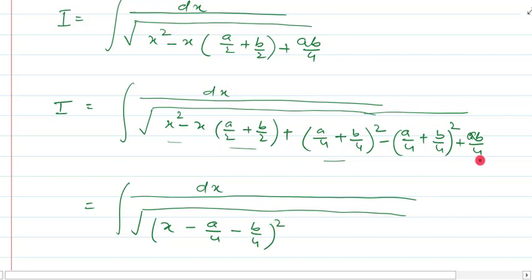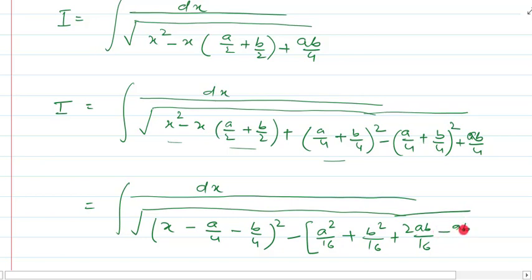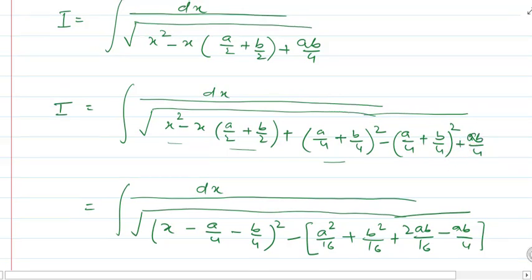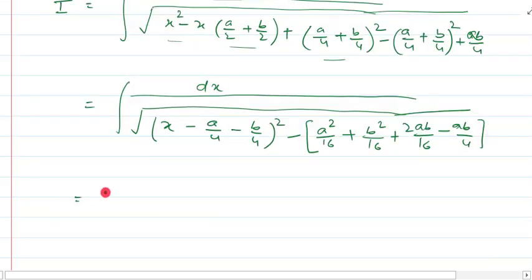And now let us focus on these. Taking negative sign common, squaring this, it is a square by 16 plus b square by 16 plus 2ab by 16, and it is minus ab by 4, because after taking negative sign common, the sign will be left negative with us.